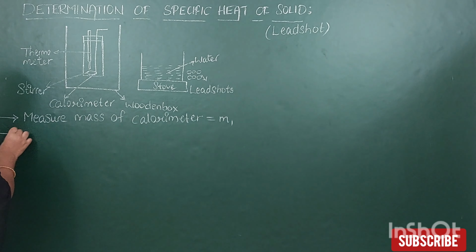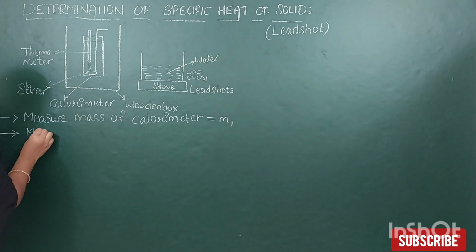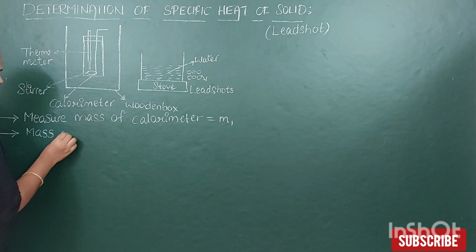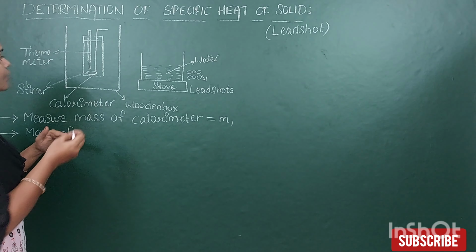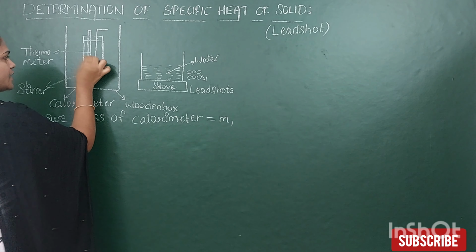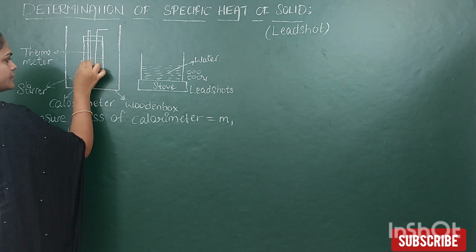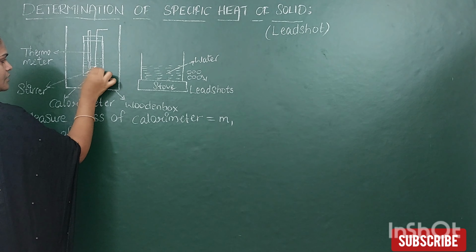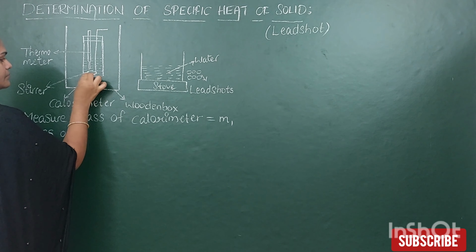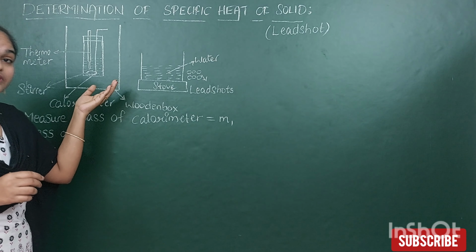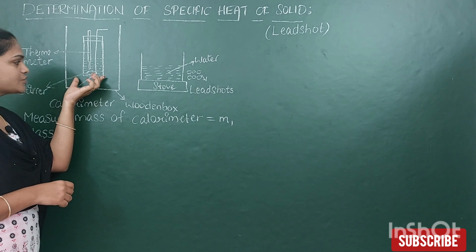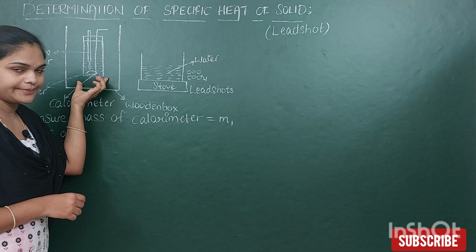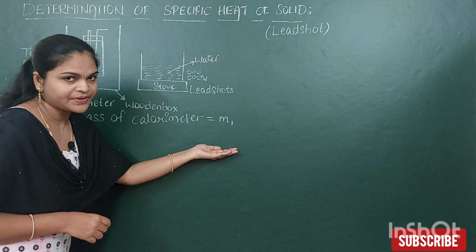Next, you have to pour some water into this calorimeter. So first you measure the mass of the calorimeter, that is M1.